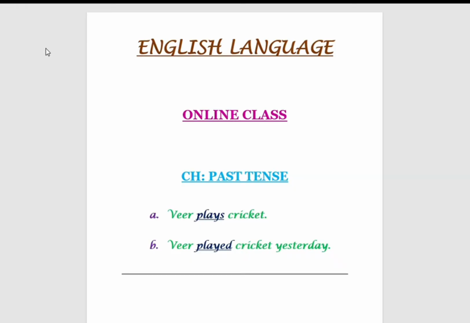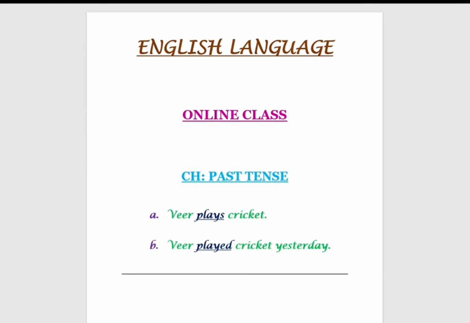Now look at the sentences. Number A, Veer plays cricket. Number B, Veer played cricket yesterday. In sentence A, the verb plays refers to an action that Veer does now or at present.